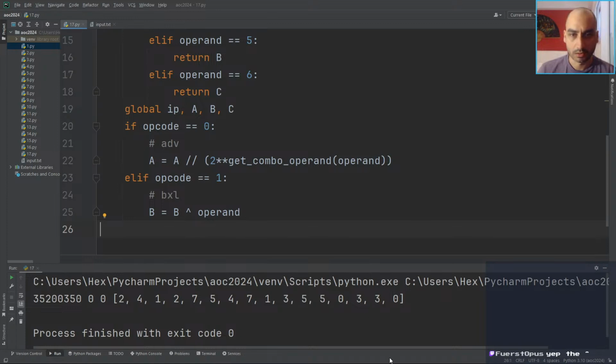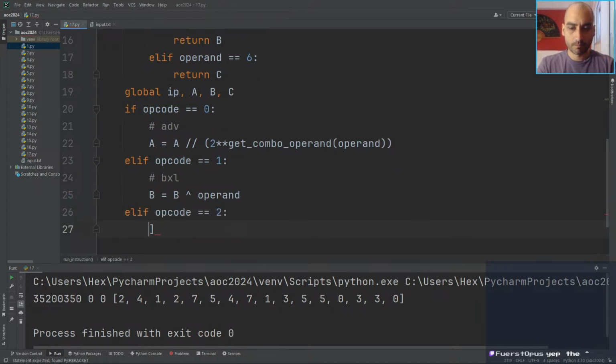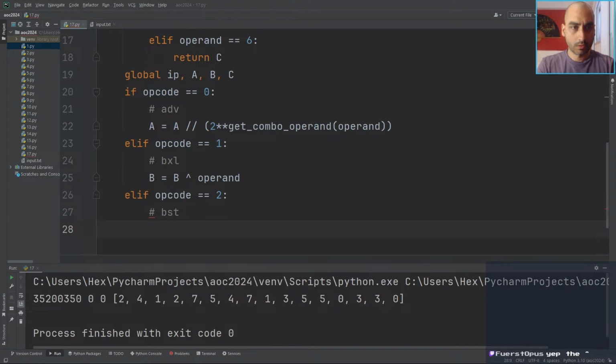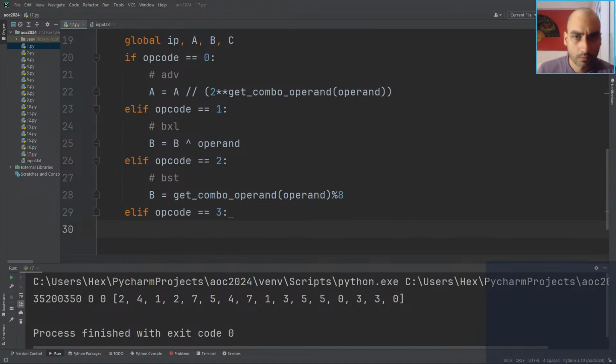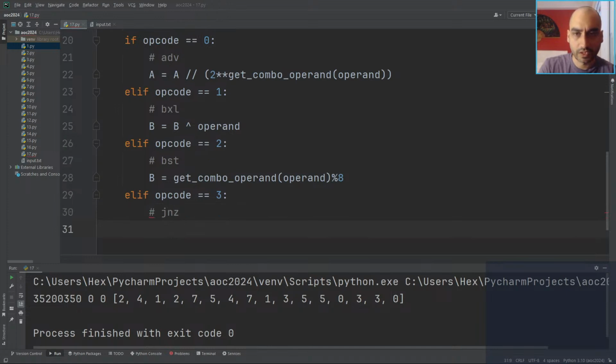All right, so BST. Combo operand modulo 8 written to B. Okay. J and Z. So if A is 0, we do nothing.